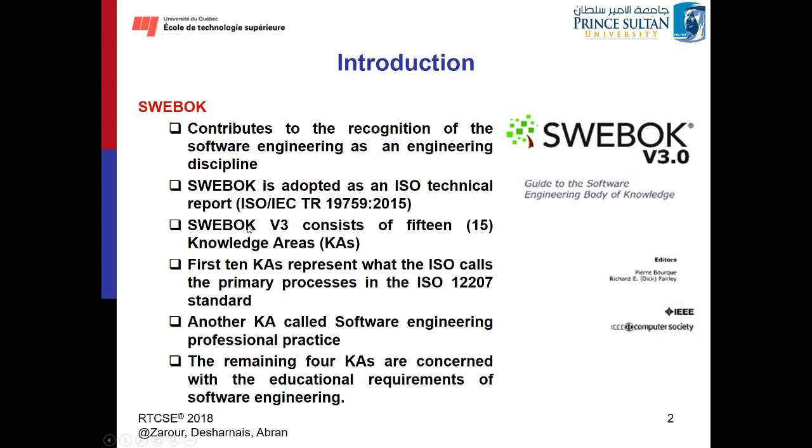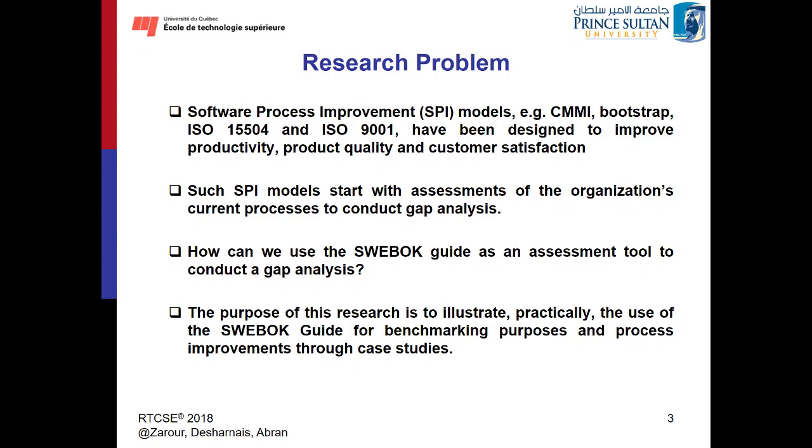The SWEBOK version 3 consists of 15 knowledge areas that cover all knowledge areas and processes in the software process. And the main research problem that we want to tackle in this paper is related to the domain of software process improvement.